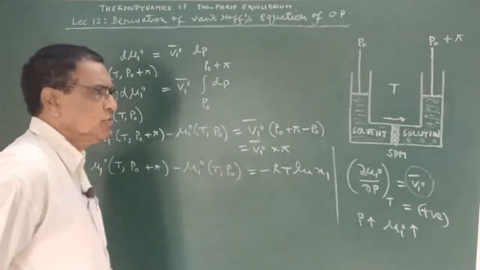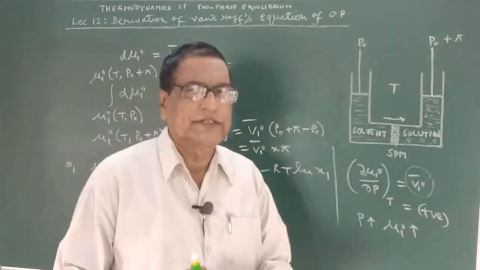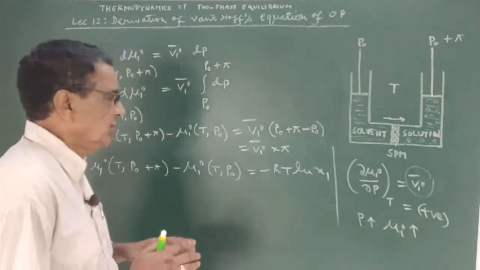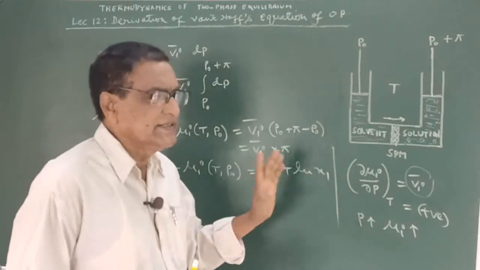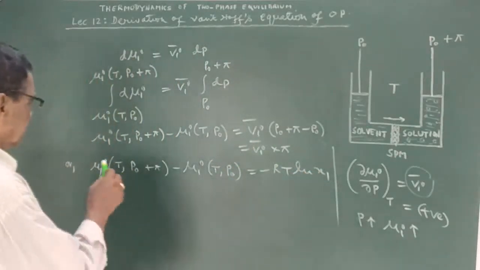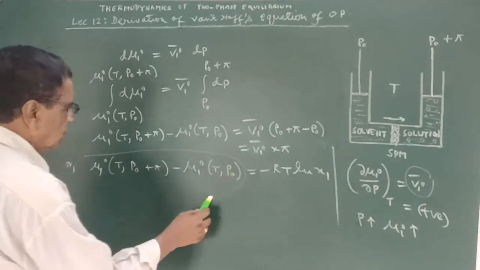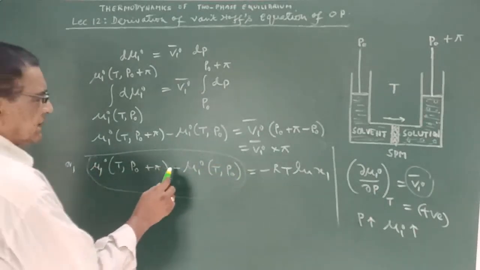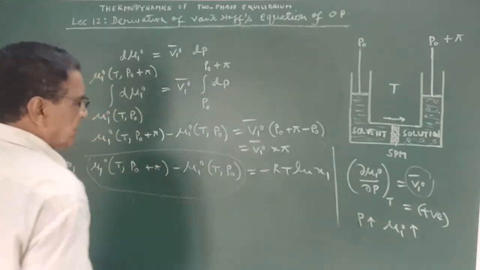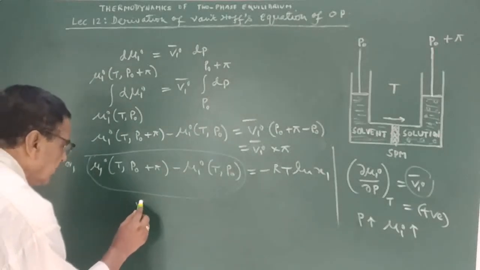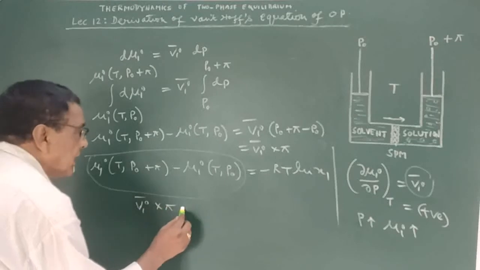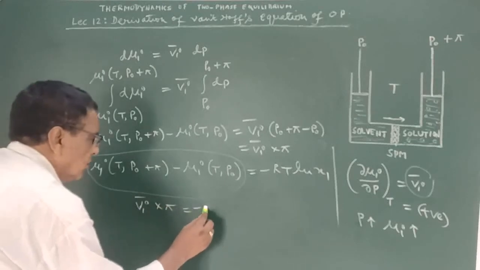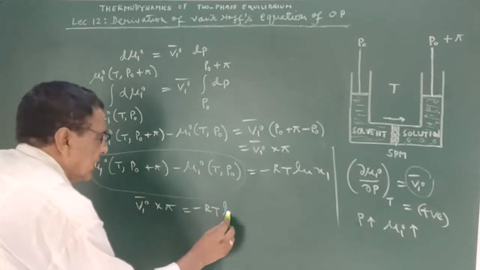Pi is the osmotic pressure of the solution which we are considering, whose mole fraction of the solvent is x1. So this can be substituted here: V1 naught bar into pi equals minus RT ln x1.